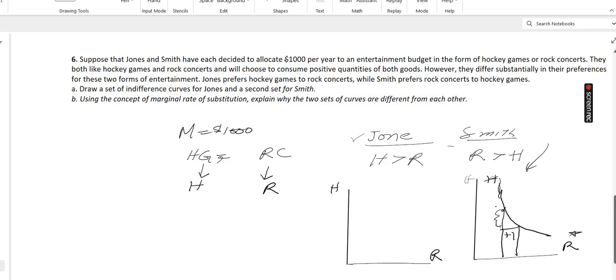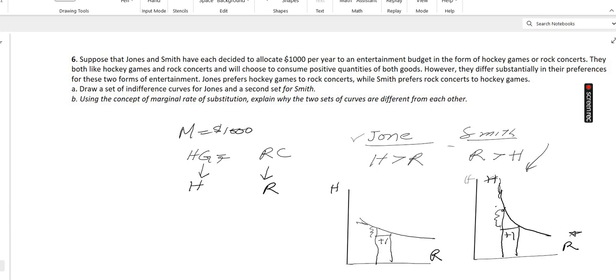But if I just look at John, John likes hockey more. So he is not that interested in sacrificing hockey if he is getting 1 more unit of Rockstar. So what kind of graph are we expecting him to have? Like this. If I make another equal distance to show +1 unit of R, you can see the level of sacrifice he is willing to have in this situation.